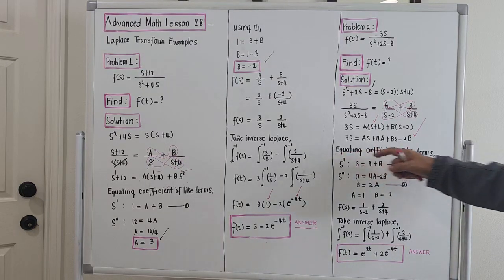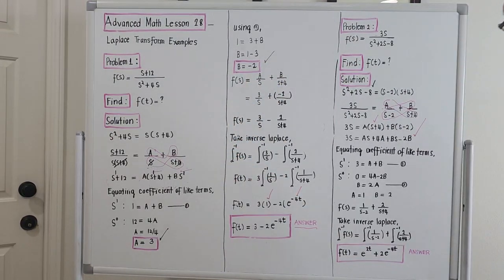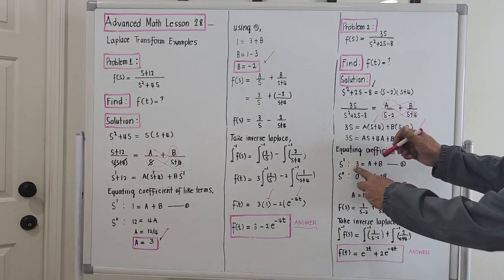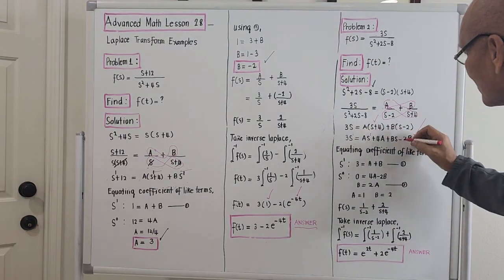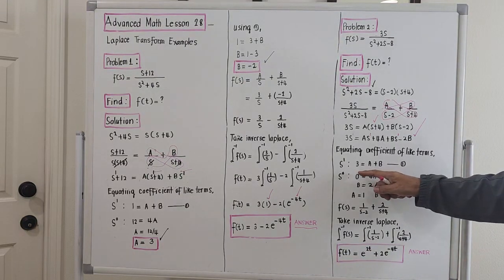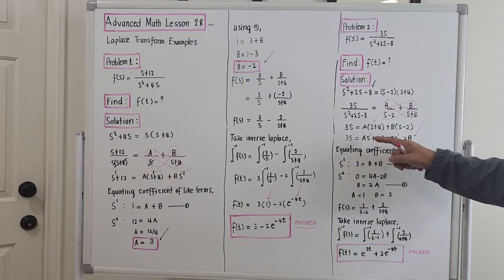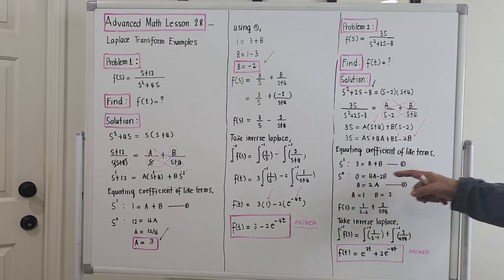Equating coefficients of like terms as before, we start with s to the first power. For the left-hand side, the coefficient of s to the first power is 3. The right-hand side will be A plus B, equation number 1.